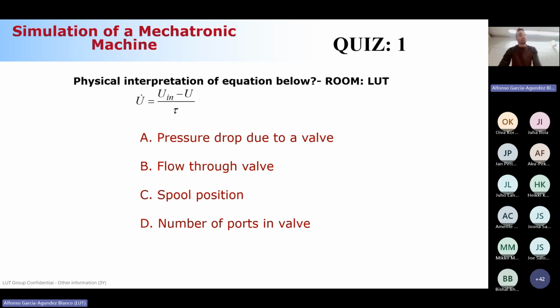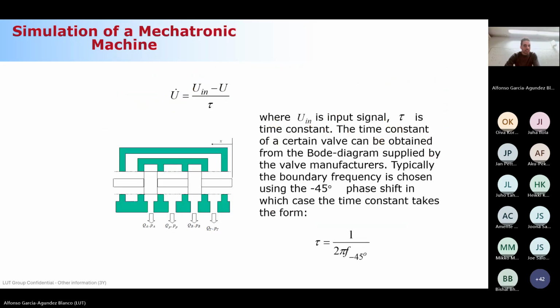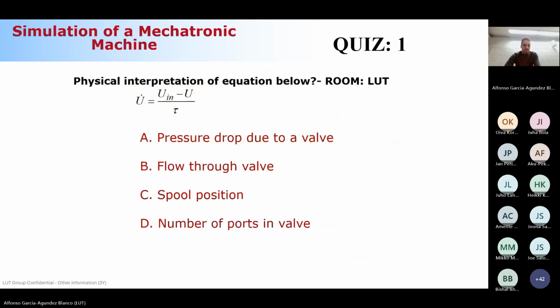So it's the differential equation governing the spool position. Remember that for the pressure drop, you would have a differential equation for the pressure in the control volume, but not here. Did you understand the reason? Yes? Okay, perfect.